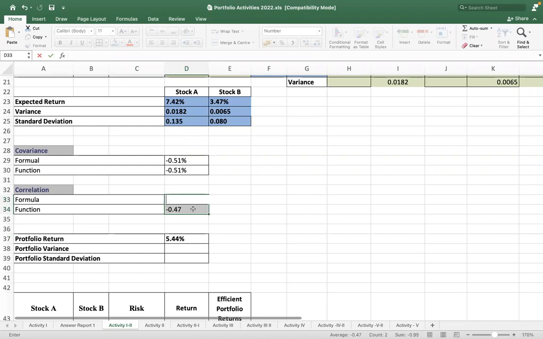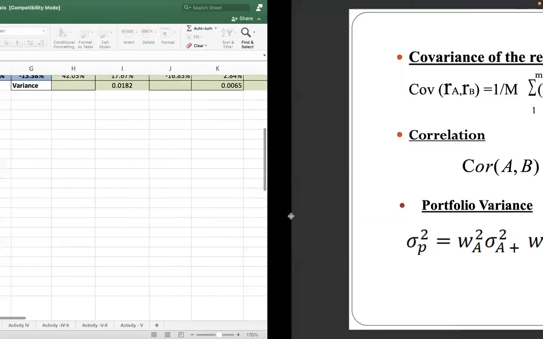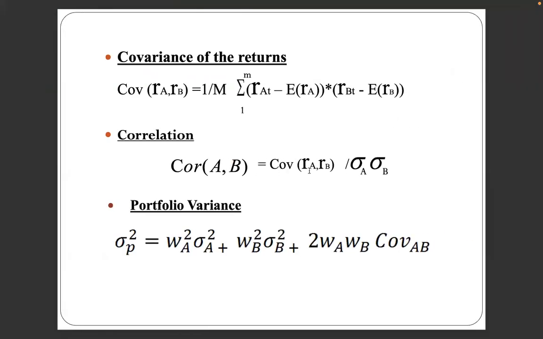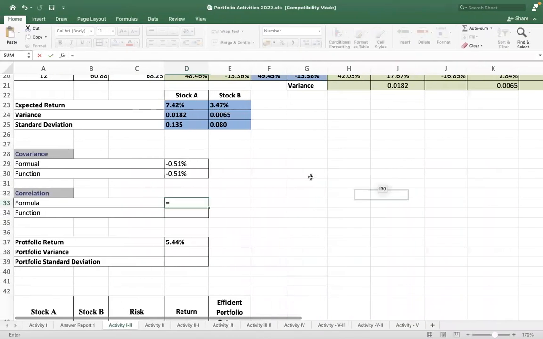Correlation. So the manual correlation can be calculated this way: covariance of RA and RB divided by standard deviation of A and standard deviation of B. Covariance is already calculated, divided by, within brackets, standard deviation of A multiplied by standard deviation of B. That is 0.47.